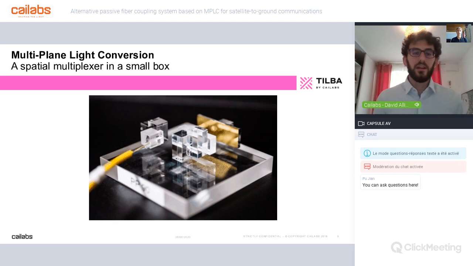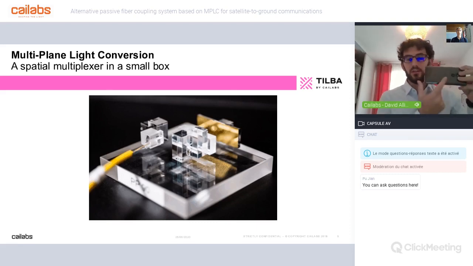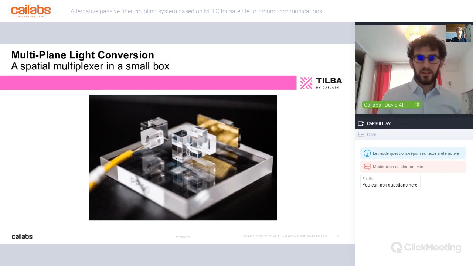This is a picture of an MPLC, so it's exactly what it looks like in reality. It's approximately the size of half a smartphone. What is also interesting is that this technology is passive and can be designed very compact, with very compact components.